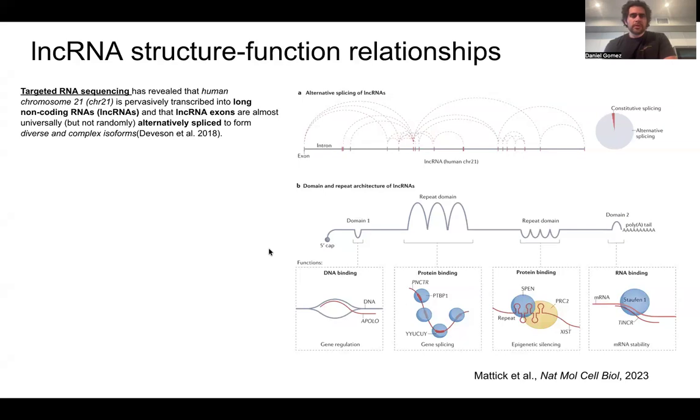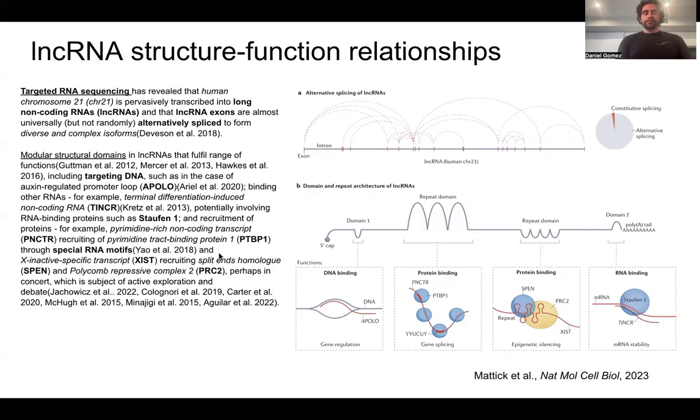So several points here. Targeted RNA sequencing has revealed that human chromosome 21 is pervasively transcribed into long non-coding RNAs. These lncRNA exons are almost universally, but not randomly, alternatively spliced to form diverse and complex isoforms.